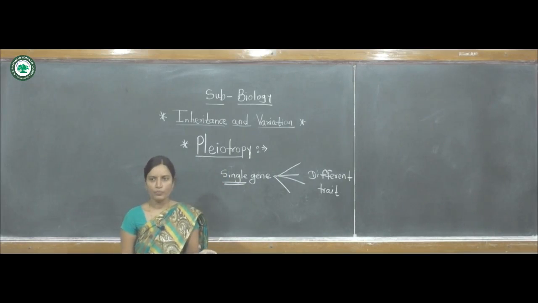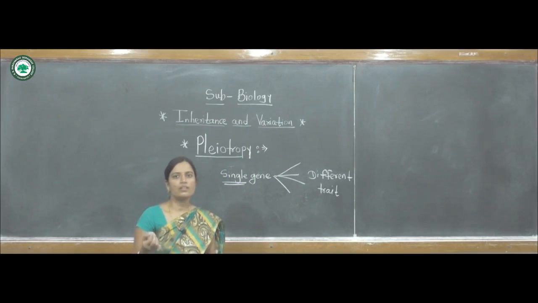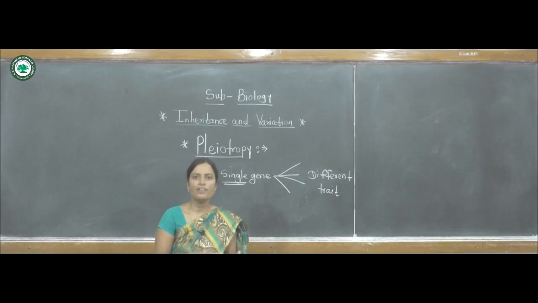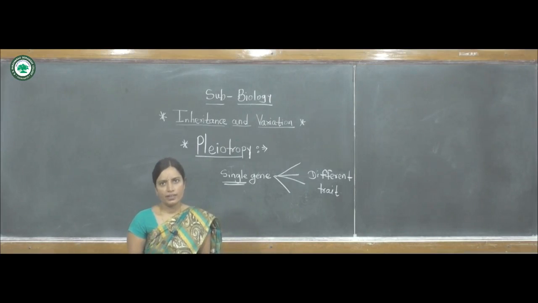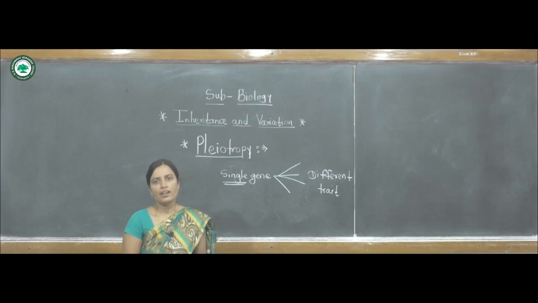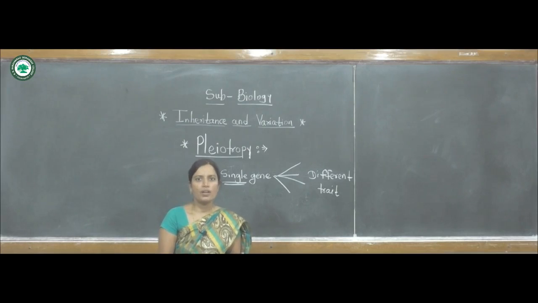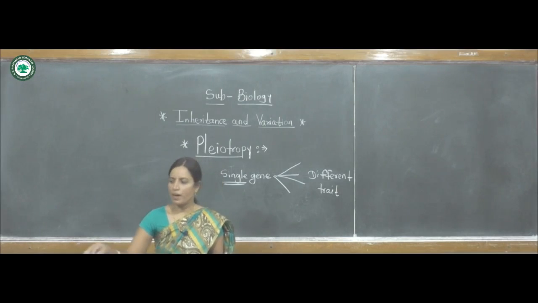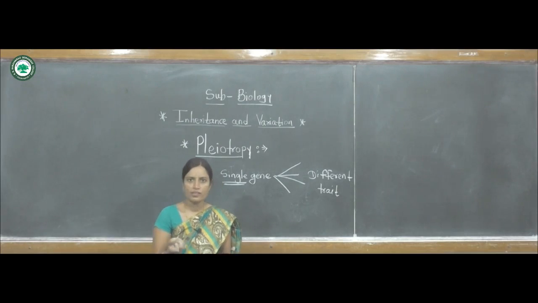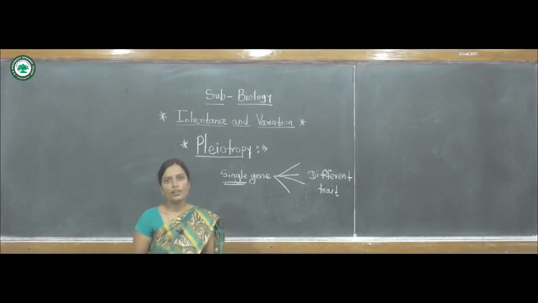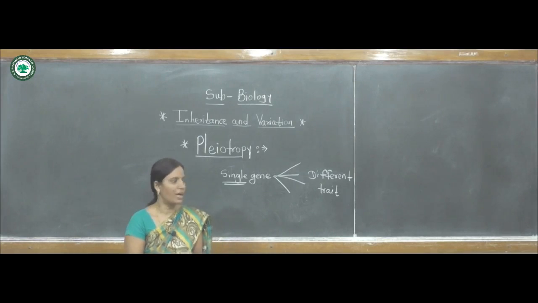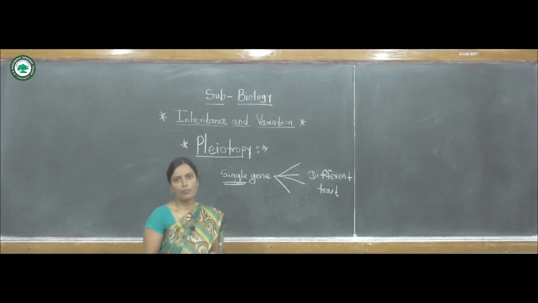For example, take the human blood group. The single trait is blood, and there are different blood groups like A, B, O, which are the different traits. Also in Drosophila flies there are different wing shapes, and another example is flower color of pea plants. One single gene controls different traits, and this is known as pleiotropy.